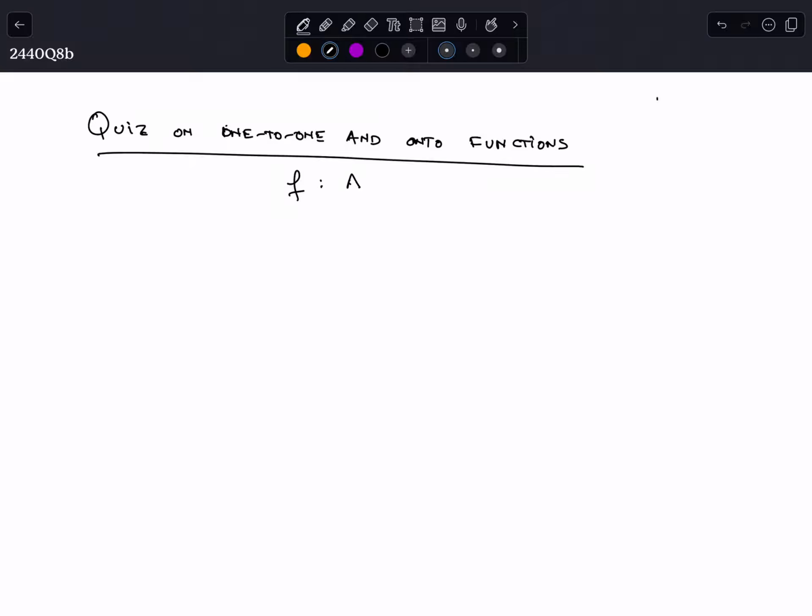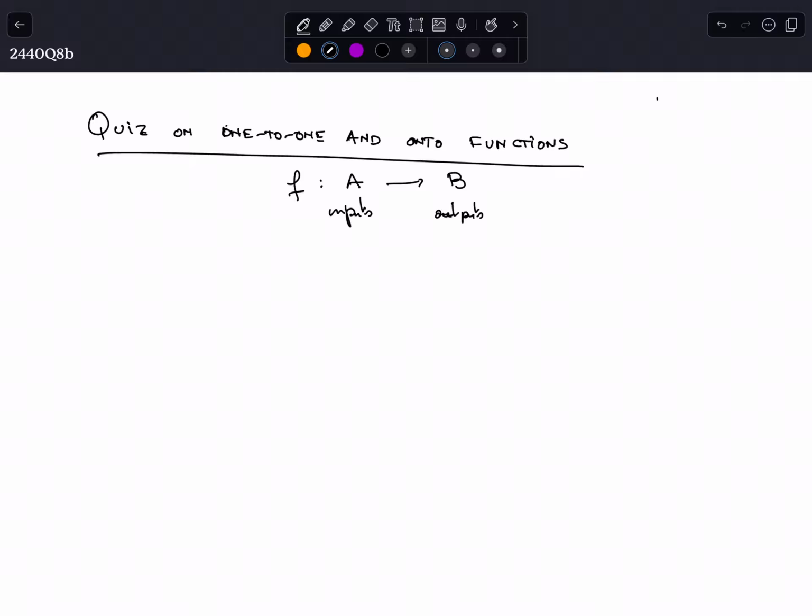A function is often denoted like this. We have a set A where the function takes its input. These are the inputs. And then we have a set B where the function takes its values. These are the outputs.